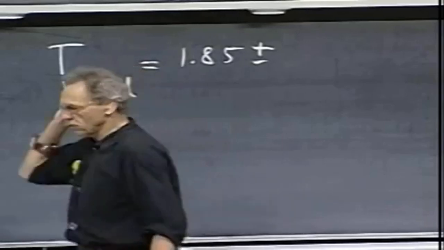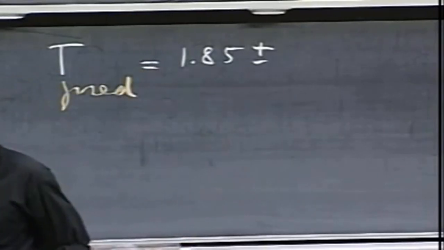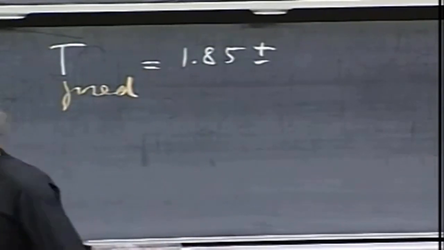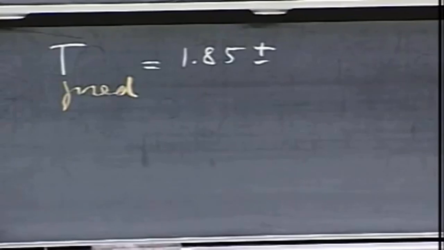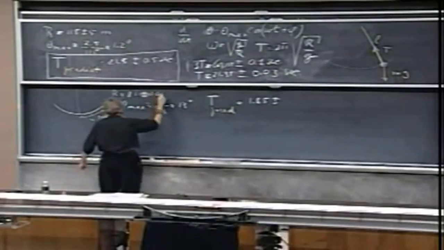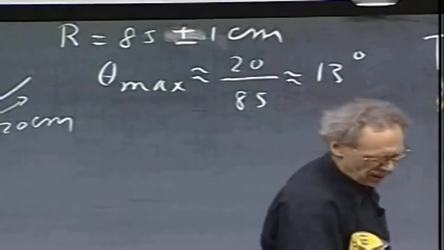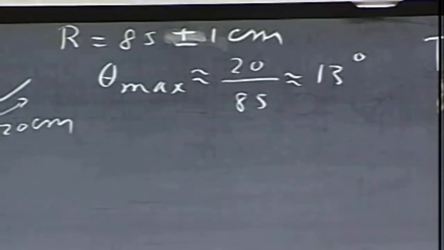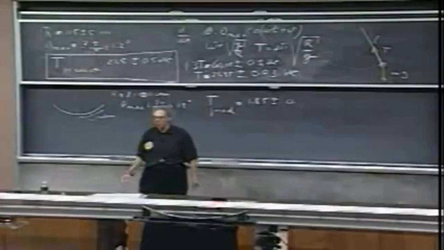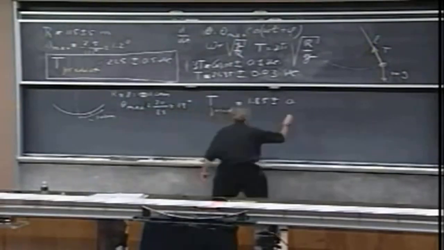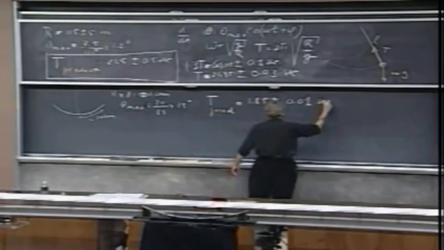The uncertainty of this radius is not very large, but we are not certain about the radius to about 1 centimeter. So it's 85 plus or minus 1 centimeters. That's about a 1.2% error, and so the error in the prediction will be 0.6%. It's about 0.01 seconds. So this is my prediction.